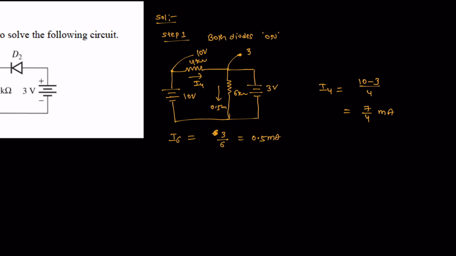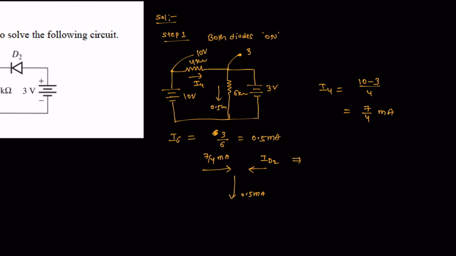So let's see, 7 over 4 milliamperes is flowing in this direction, and 0.5 milliamperes is flowing in this direction. So what is the remaining current flowing through the diode D2, ID2?